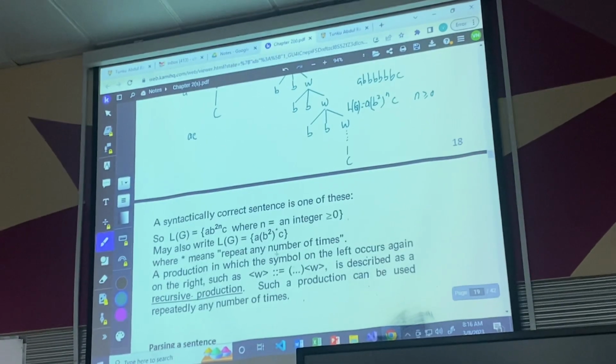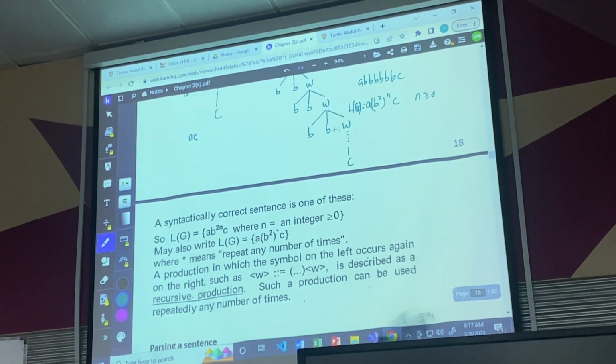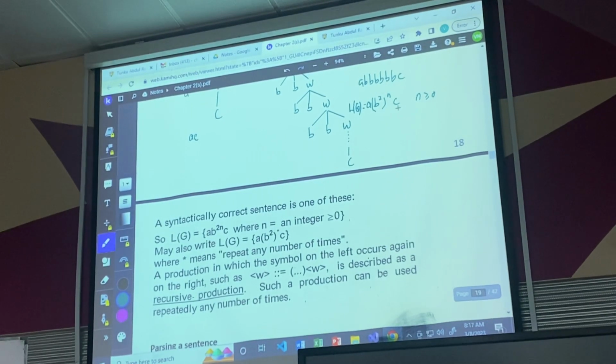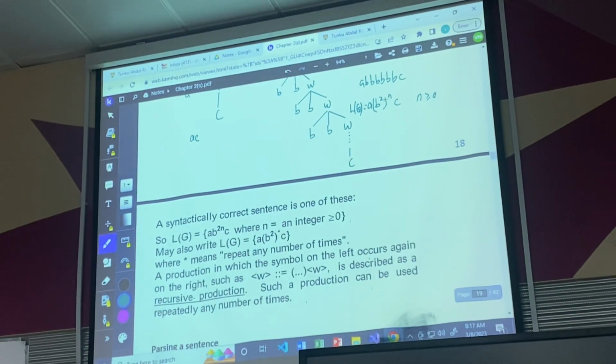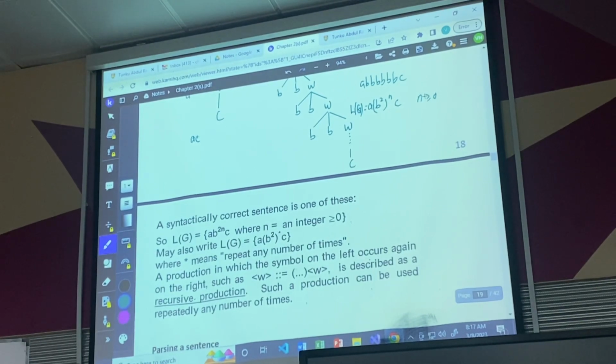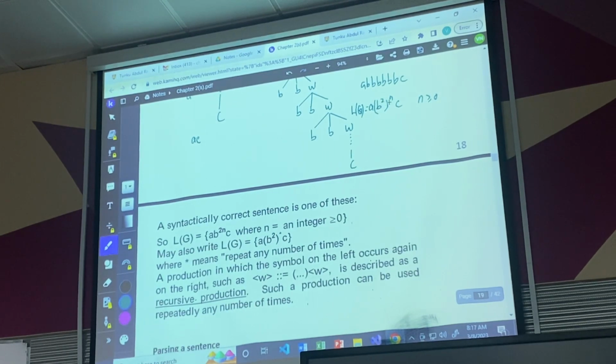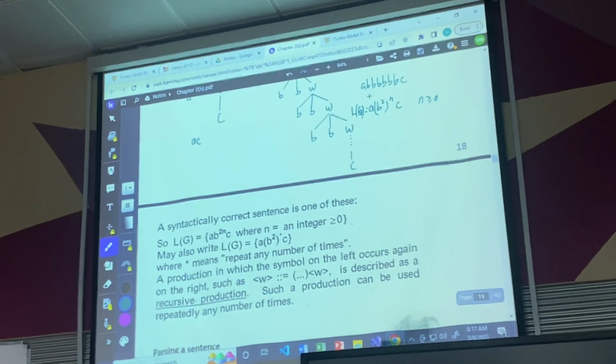The LG is A, B squared, and then the star refers to the repeating of the B. If you don't put N, you put star, it is also acceptable, because the star means that it will keep on repeating. So if you put star, you no need to define what your star starts from, because star will always refer to the loop. Okay, repeating.